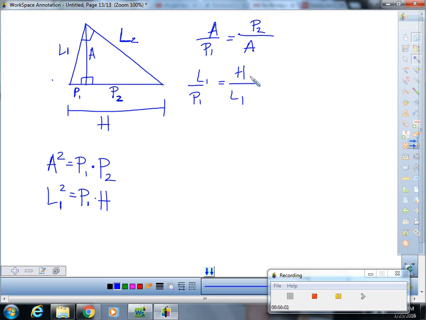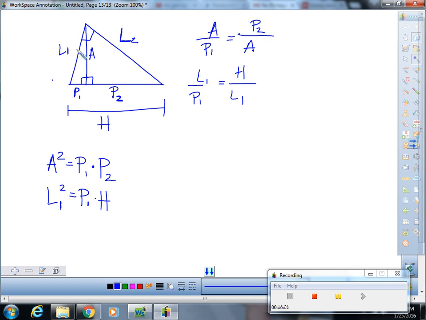Let's see if we can find that. L1 is to P1: the hypotenuse from the small triangle is to the short leg of the triangle, like the hypotenuse of the big triangle is to the short leg of the triangle. That's where that came from.